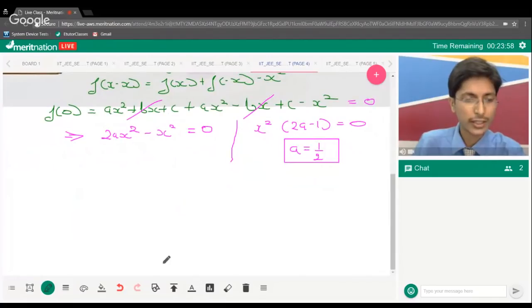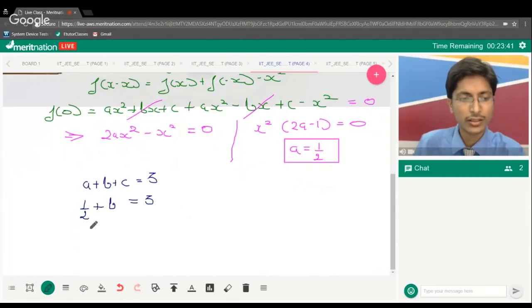So we'll just plug in over there. So a plus b plus c equals to 3. a is 1 by 2, b we need to find out, and c is 0, so this is 3. So basically that will give me b equals to 5 by 2.